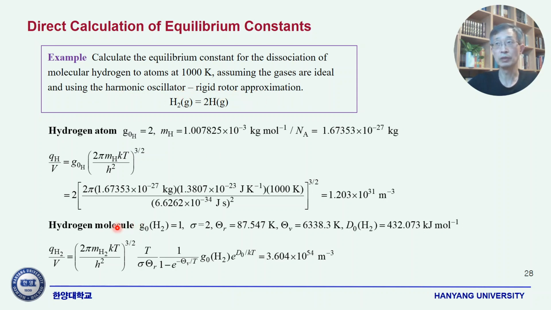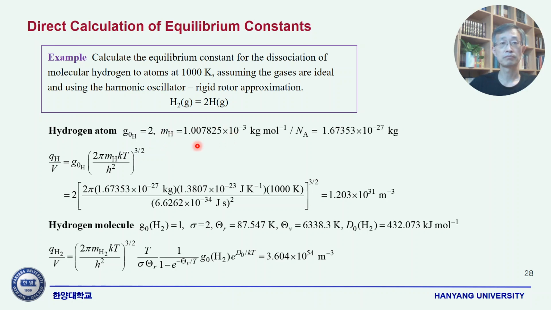Yeah, just that we have done. So for the hydrogen atom, the electronic ground state is just the 1s electron, which is a doublet, just one spin. So G0 of H is 2. Yeah, that's what it is.